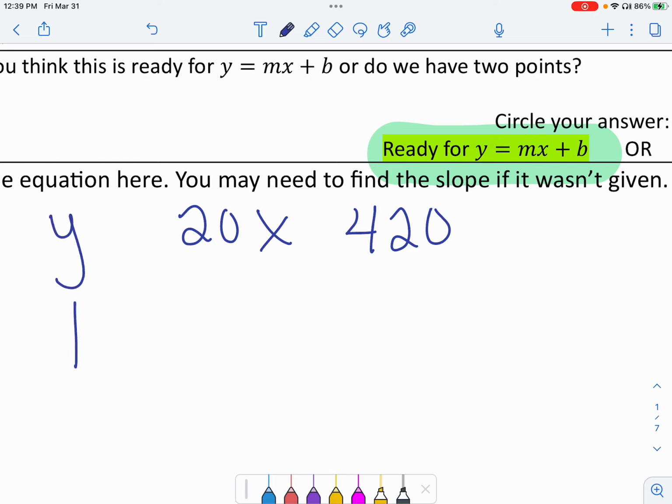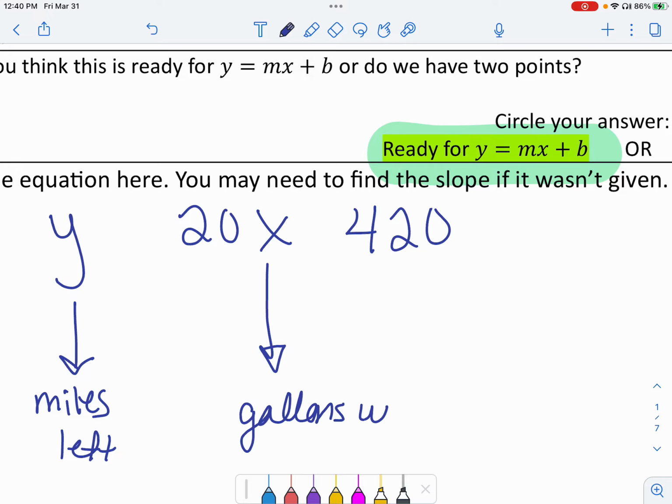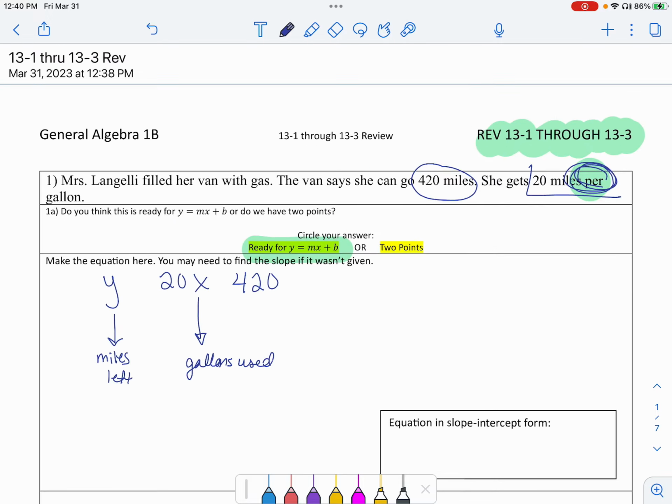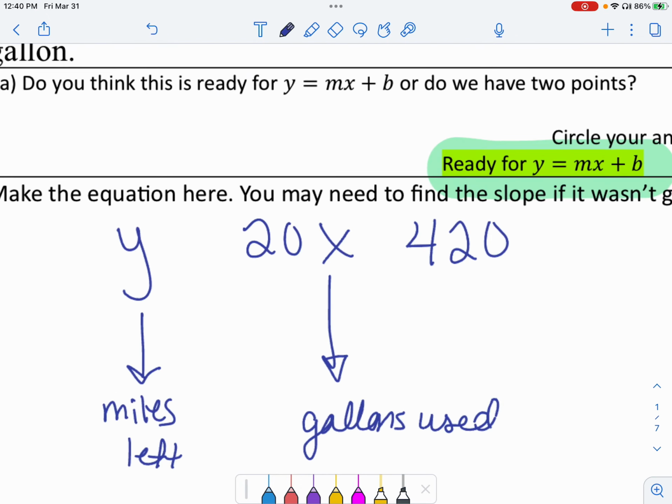If I let y stand for how many miles I have left, and I let x stand for how many gallons I've used, see how it says 20 miles per gallon, so gallon makes it x. I know that I am losing 20 miles, even though I started with 420. So there's my losing 20 miles every gallon that I use, and I'm starting with 420.